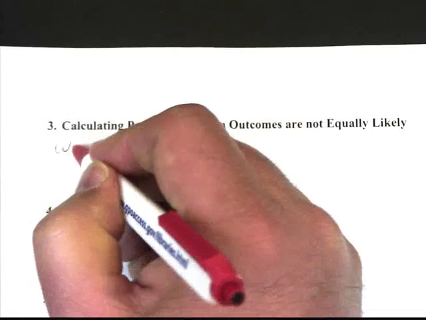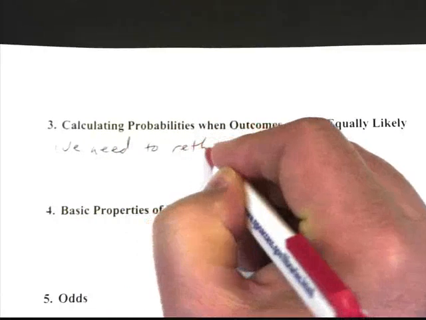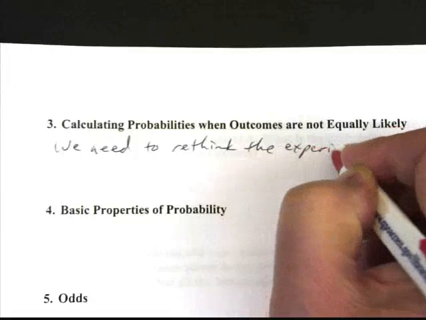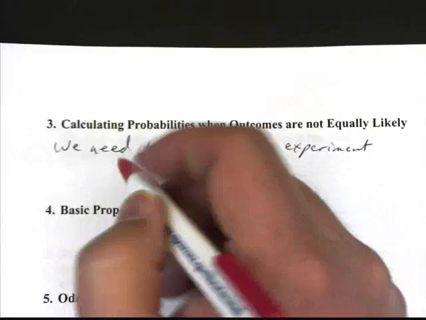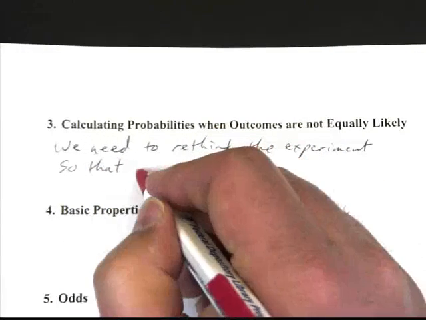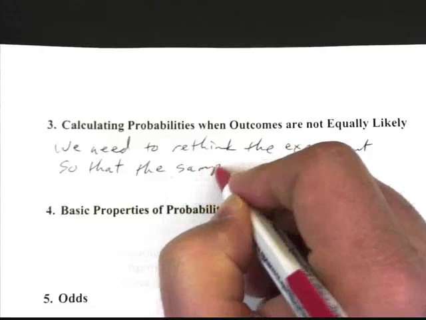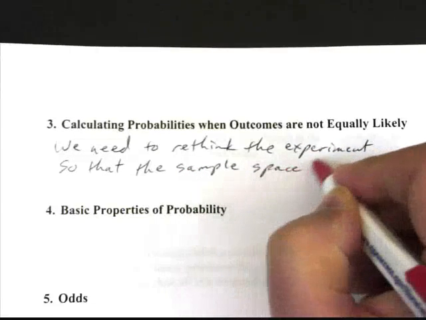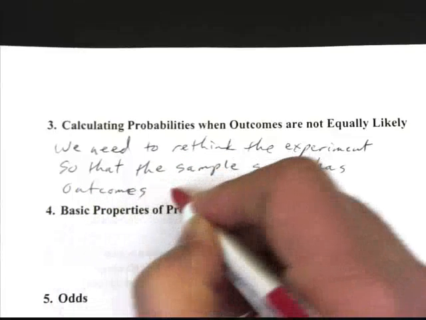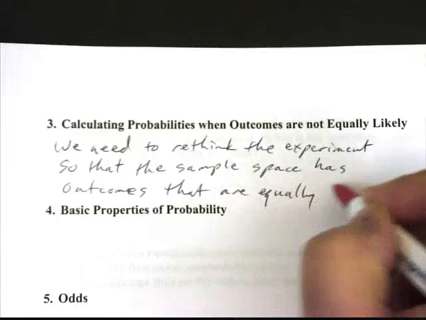And so we need to rethink the experiment so that the sample space has all outcomes that are equally likely.